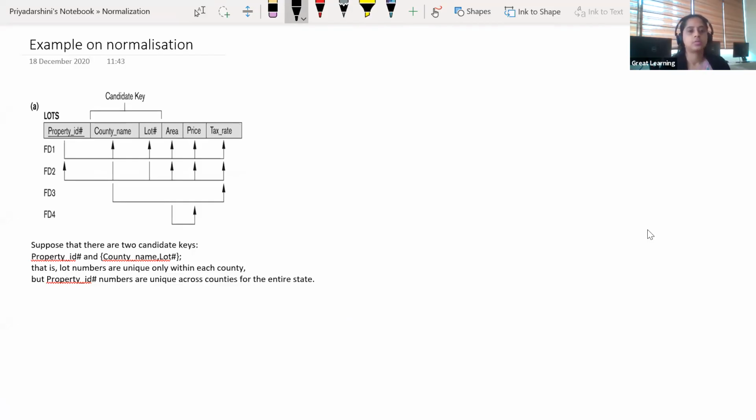Okay, so read the example. This is an example. Let's check here. They have given a candidate key also here. Just the description of the primary key and candidate key I've given there.